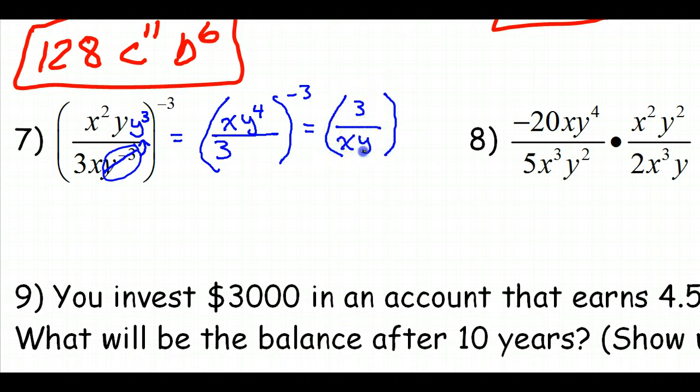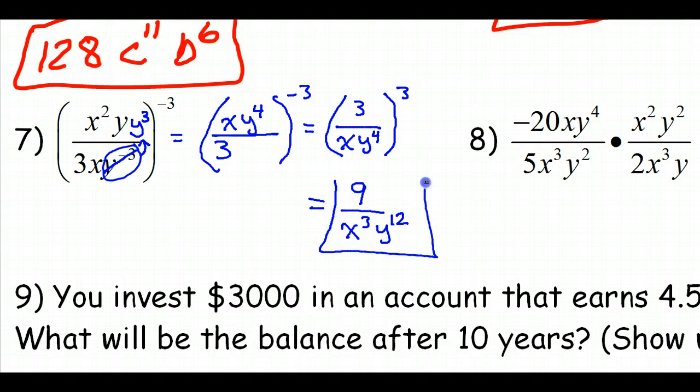The y to the fourth power is going to wind up down here. And now I'm going to make this a positive 3 power. Then I can go ahead and do the exponent to everything. So this is going to be 9, all right, 3 to the third power, over x to the third power, and then y to the 12th power. So that would be your final answer for number 7.